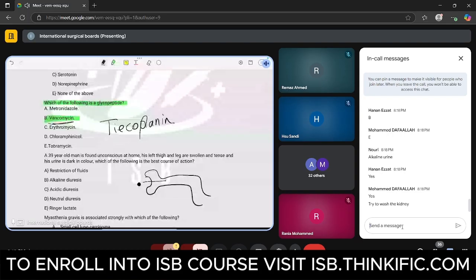The fluid needs to induce brisk diuresis, that is heavy diuresis, usually 1 to 3 milliliters per kg per hour and up to 300 milliliters per hour, to reduce the precipitation of myoglobin and uric acid in the kidney and damage it, right?